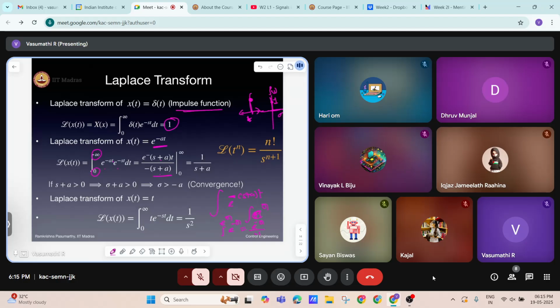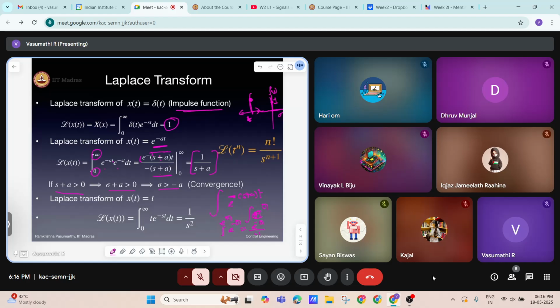If you are looking for a finite domain, you can make the limits 0 to t. Otherwise, it's an infinite time you are trying to calculate. So if I put 0 to infinity, e power minus infinity will be 0, and e power 0 will be 1, right? This will be 1 by s plus a, where the minus minus gets cancelled, and s plus a will be greater than 0 for sigma plus a greater than 0.